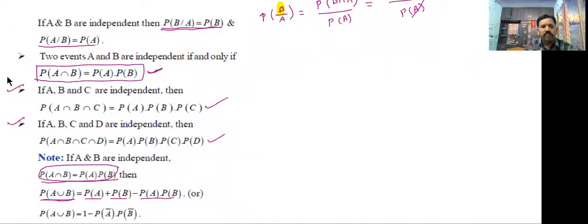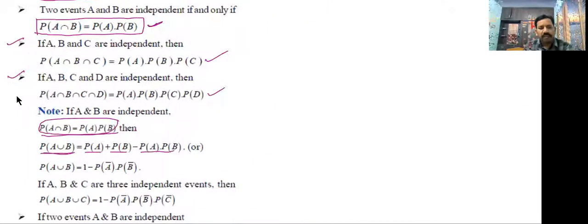P of A into P of B. And one more thing here: P of A union B is equal to 1 minus P of A complement into P of B complement. This is the formula. P of A union B union C is equal to 1 minus P of A complement, P of B complement, P of C complement.